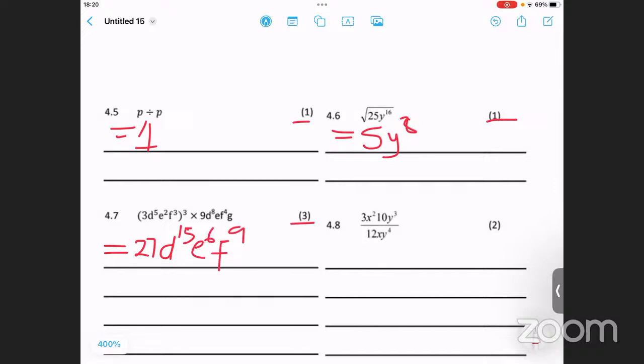Times by 9d to the power of 8, e, f to the power of 4, and g.